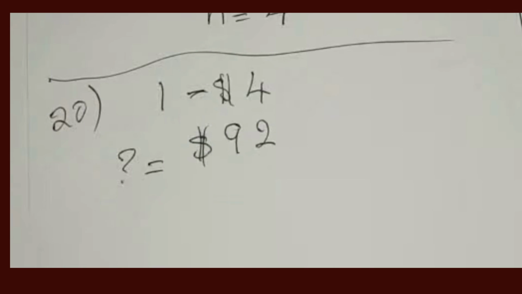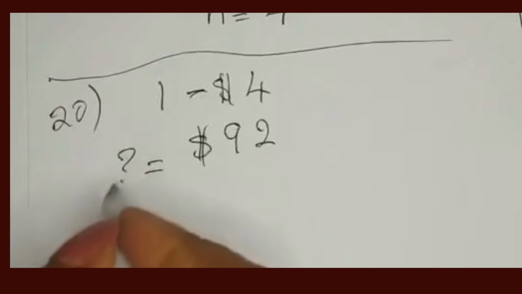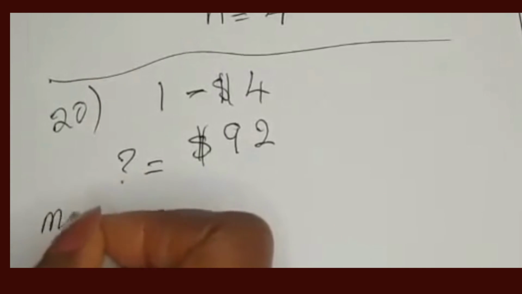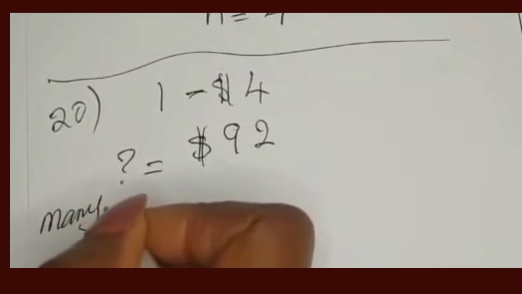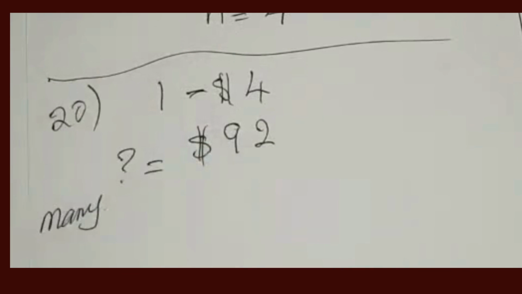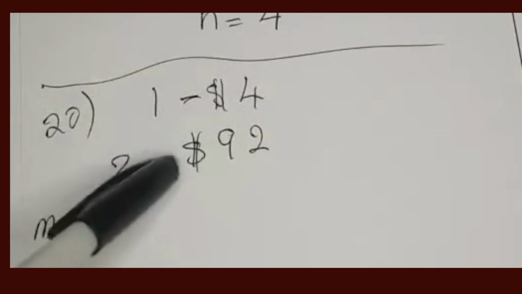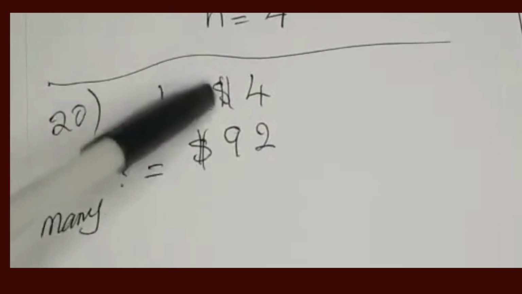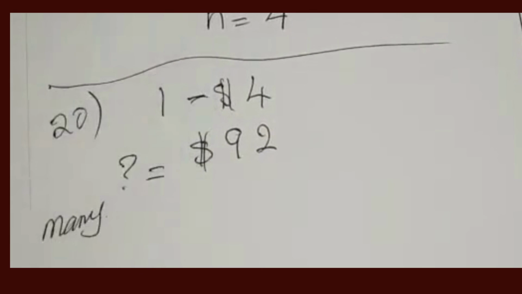So for you to find how many candles he bought, you divide it, because you already have the answer to the first one, which is 1 will give you 4. So how many will give you 92? So you're going to use what you know to get what you don't know. So 92 divided by 4.